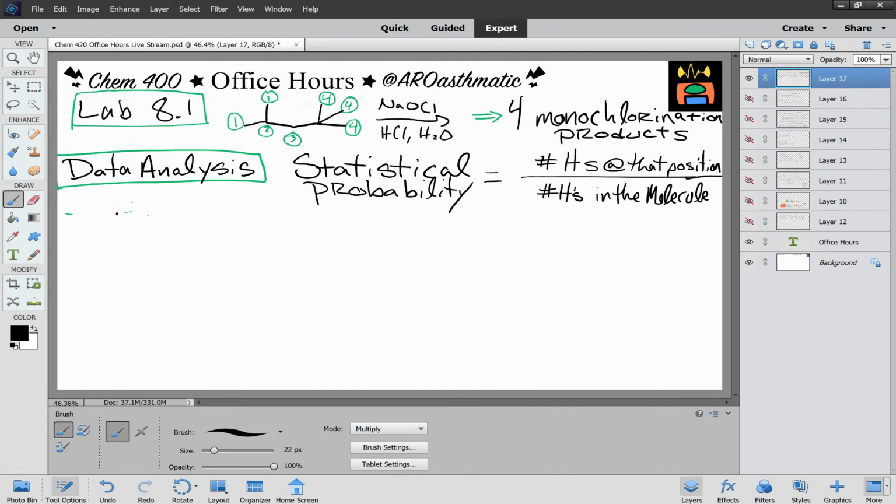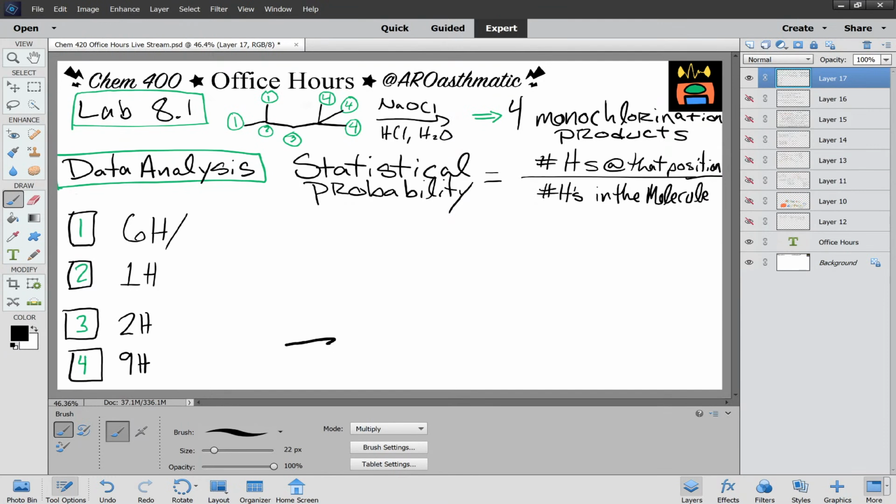So we have 4 different monochlorination products. For the first monochlorination product, we're dealing with 6 hydrogens at that position. For the second monochlorination product, there is only 1 hydrogen at that position. For the third, there are 2 H's at that position. And for the fourth, there are 9. All right.